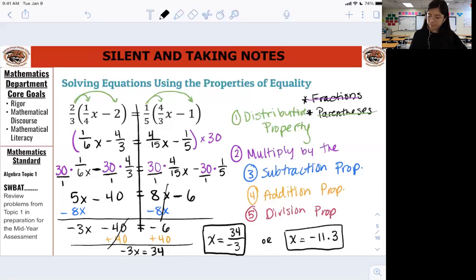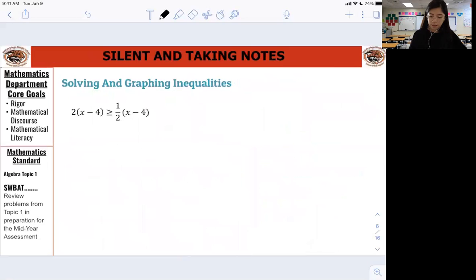All right, so now we're going to go ahead and do inequalities. And the good thing about inequalities is that they're pretty much exactly the same as equations. Does anyone remember the one little thing you always have to remember, though? If you're multiplying by a negative number, then you have to switch it. Yeah, and not just multiplying, but also dividing.